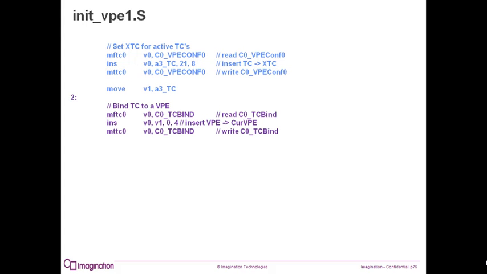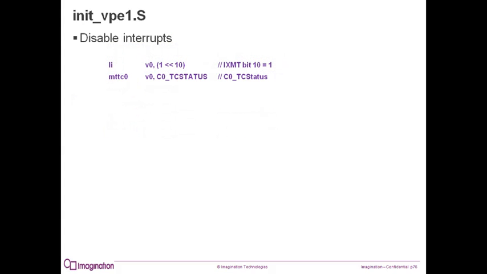The code will now bind the TC to the VPE. It does this by reading the TC bind register, inserting the VPE number into the current VPE field, and writing it back. The code sets this TC to prevent it from taking interrupts and clears all other status and control bits in the TC status register.